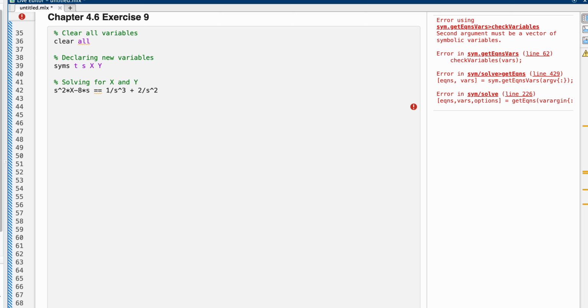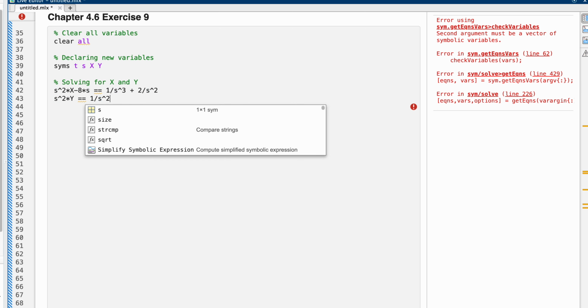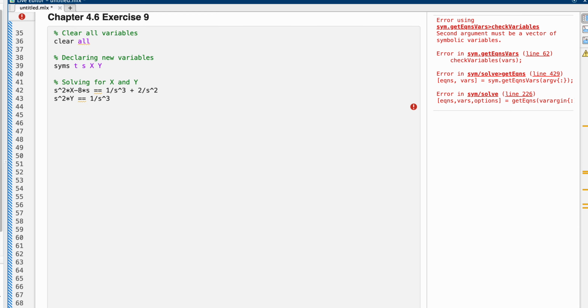That was the first equality. For the second one, we got s squared times big Y equal to 1 over s to the third minus 2 over s squared.